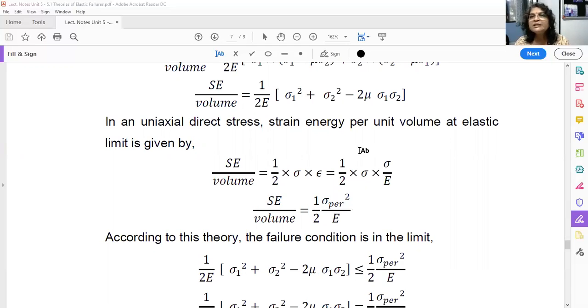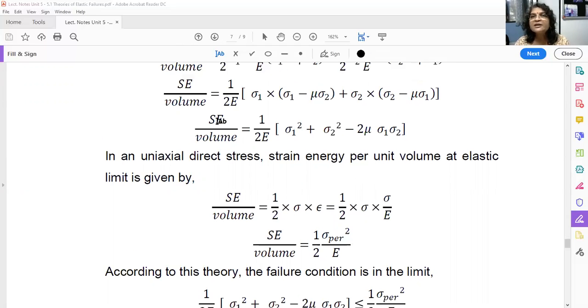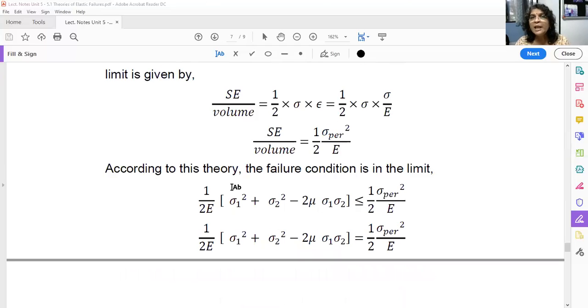So equate these two: the strain energy must be lesser than the strain energy produced in a simple tension test. According to this theory, the failure condition is that, in the limit, this strain energy must be less than or equal to that strain energy. So 2E is going to be cancelled out.